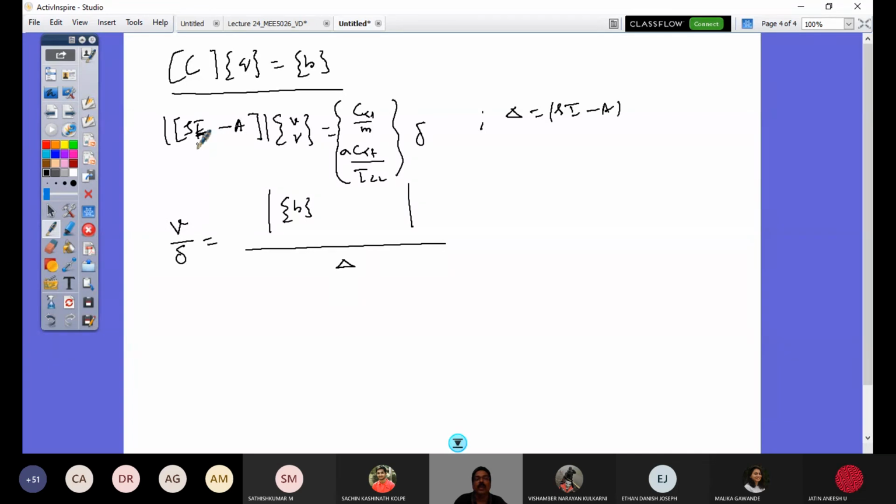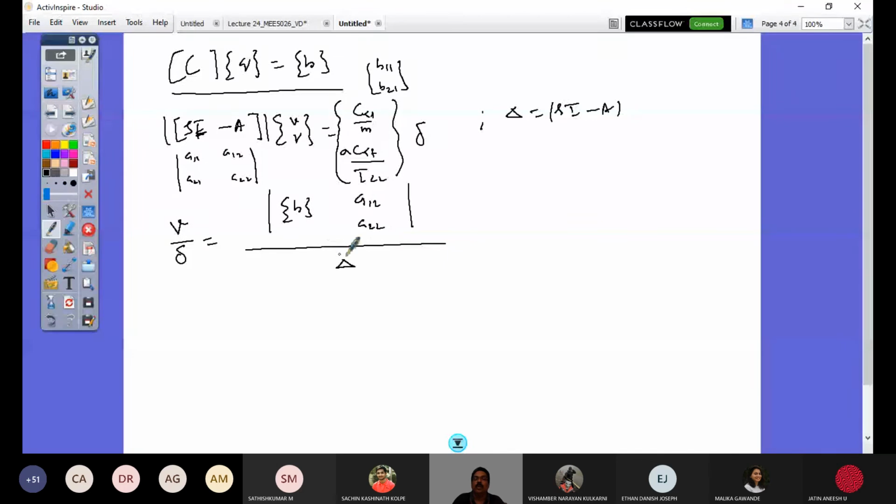So if I have this matrix as A11, A12, A21, A22, and this is B1 and B2, then I will have here B1 B2 and A12 A22, right?